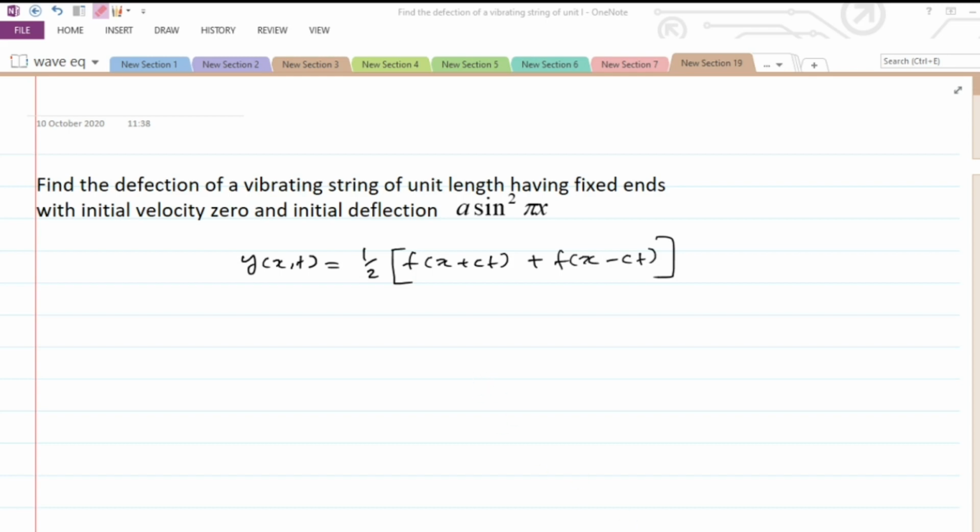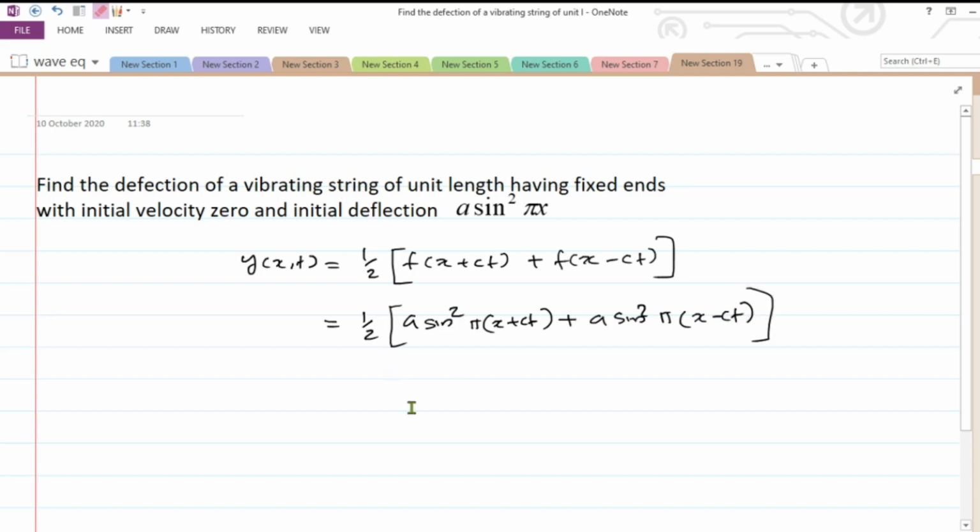That is what we get is equal to 1 by 2 into, instead of f, a sine square pi into x plus ct, plus a sine square pi into x minus ct.